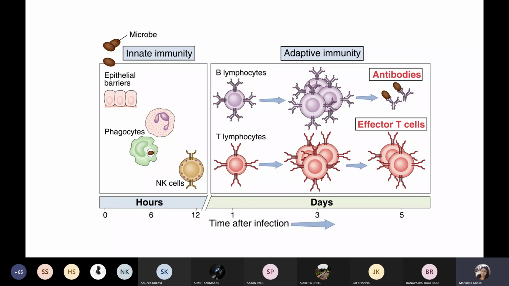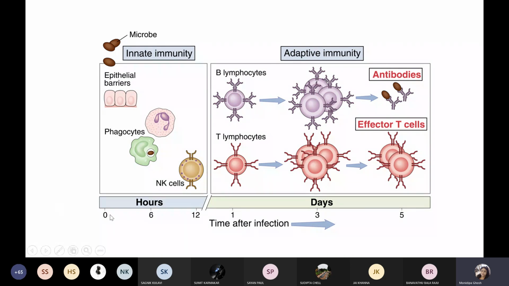Just remember, the antibody-mediated immune response is called the humoral immune response, and when the cell directly takes charge, with no intervention of antibody needed, it is the cell-mediated immune response.